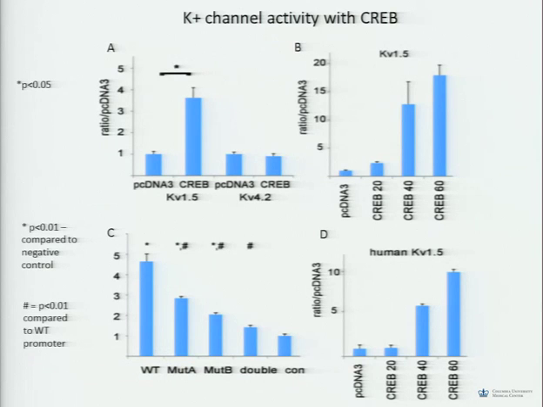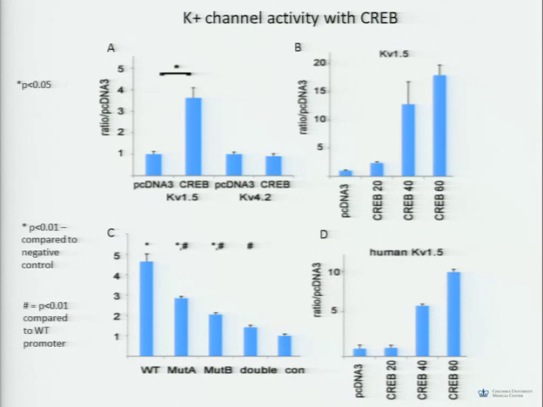So these are some of the results obtained. Let's start with panel A. So Kv 1.5 is the potassium channel promoter for mouse DNA. And compared to the control, which is pcDNA3, an empty DNA vector, we see a statistically significant increase in the transcription of the Kv 1.5 channel.